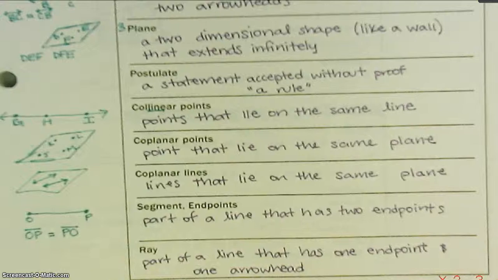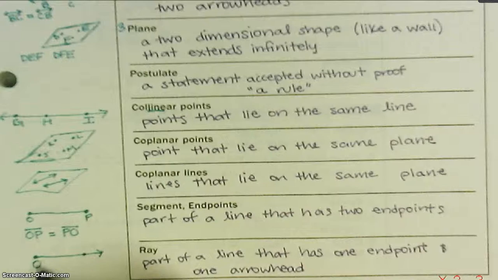And our last word is ray, which is part of a line that has 1 endpoint and an arrowhead. So 1 endpoint and an arrow. So it's kind of like a combination. So let's put 2 points on here.